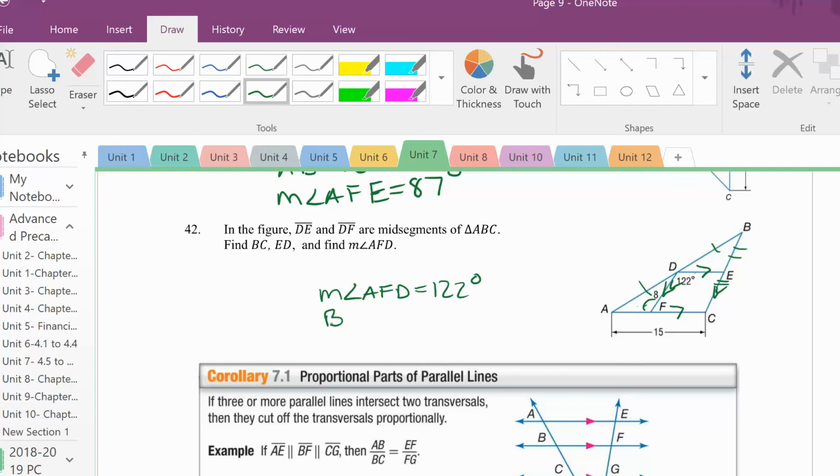Now to find BC, BC is this here, and if this is 8, then BC is 16. And ED, well, ED is right here, and if this whole thing is 15, then ED is half of it, which is 7.5.